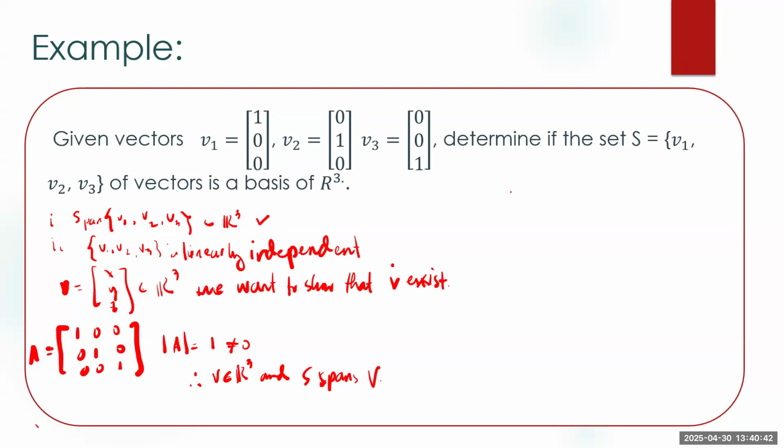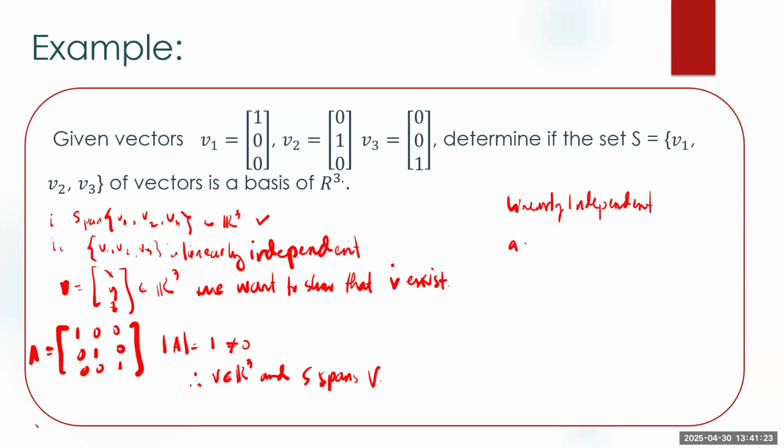Moving forward to our second property, showing that the vectors are linearly independent. During our discussion of linear independence, we must show that the linear combination of these vectors equal to 0 means the values of our coefficients are equal to 0.